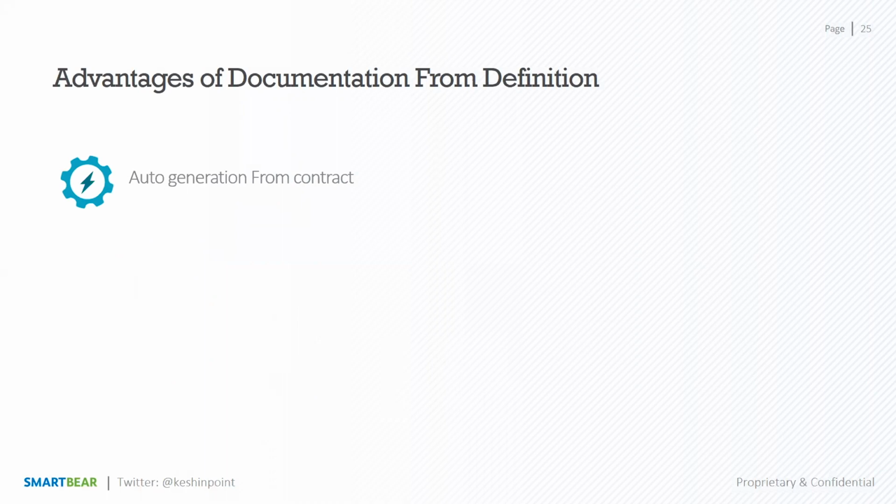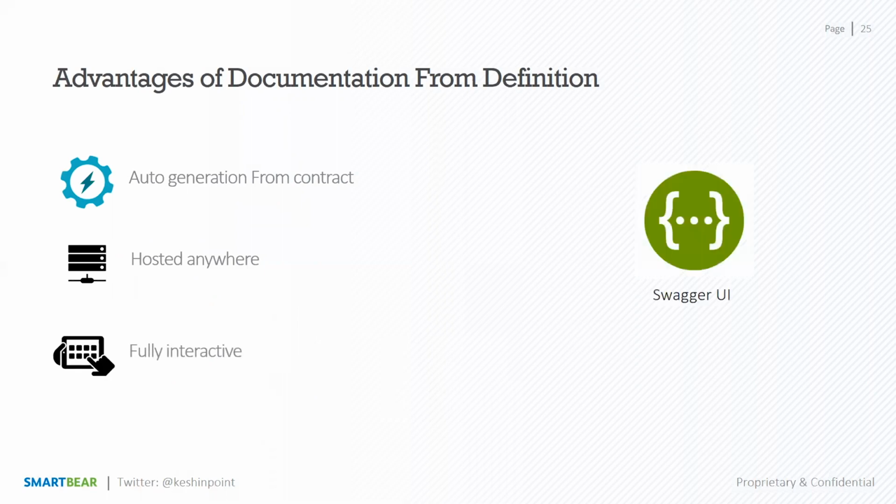One of the more popular ones is Swagger UI, where you can essentially auto-generate your documentation right from the API definition. You can host it anywhere you want, because some of the open source tools let you put it on whatever server you want, and it's fully interactive. Swagger UI is an open source API documentation tool that allows you to interact with the documentation that's generated from the definition.